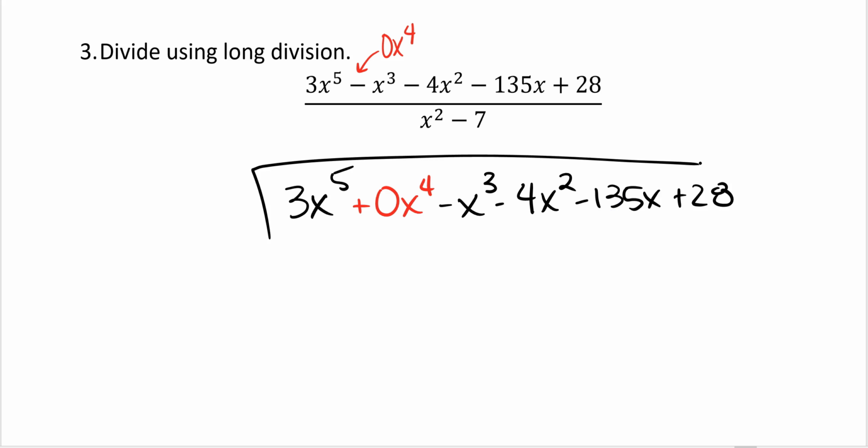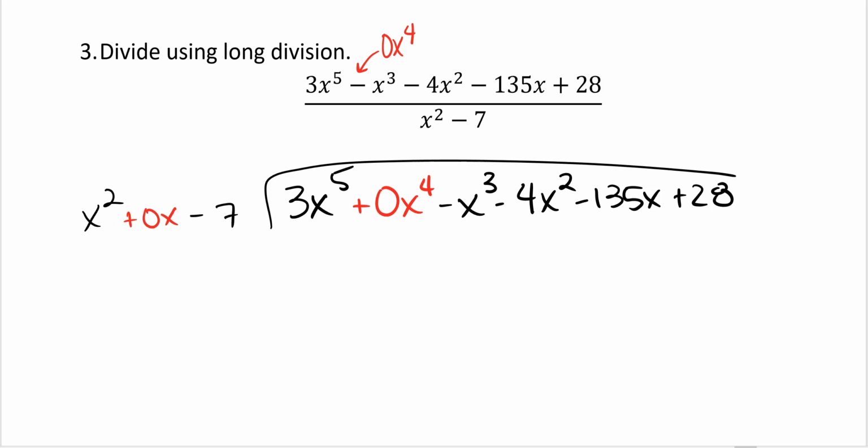Next, let's look at the divisor. So we have x squared, but we are missing an x term, and then we have minus 7. So take the leading term in each and divide. So 3x to the 5th divided by x squared equals 3x to the 3rd.